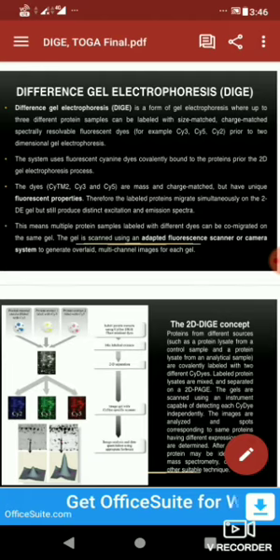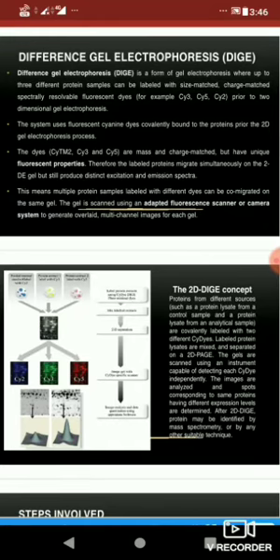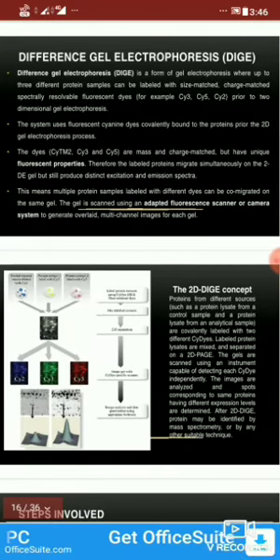Please underline the words size matched and charge matched. That means whatever dyes you are using, they will be of the same size and will have the same charge. The only difference will be that all the dyes that you are using will give different types of fluorescence.